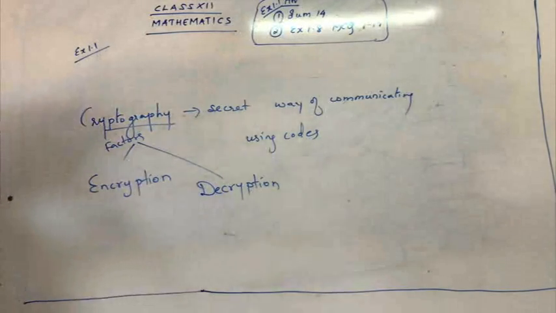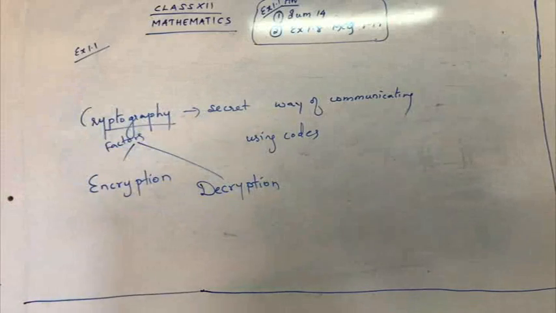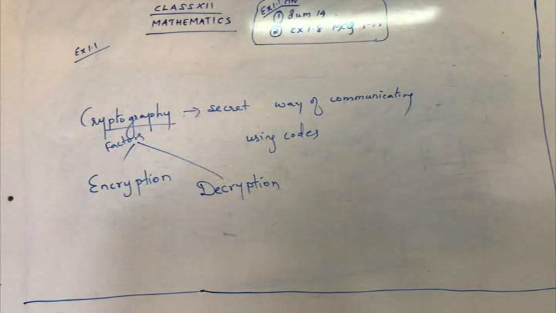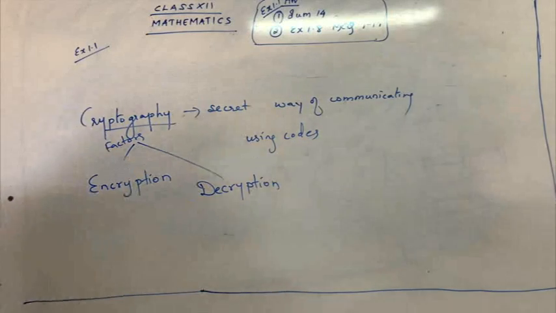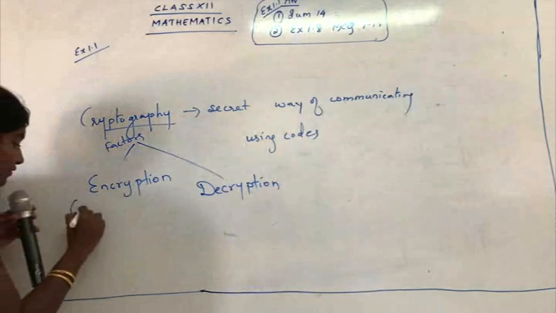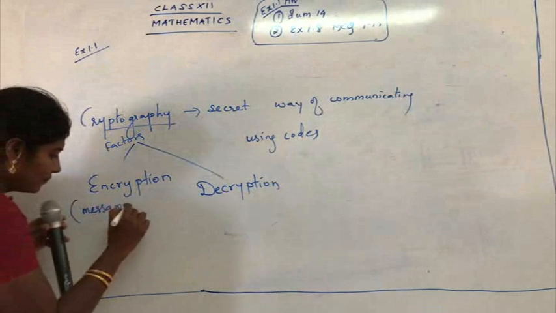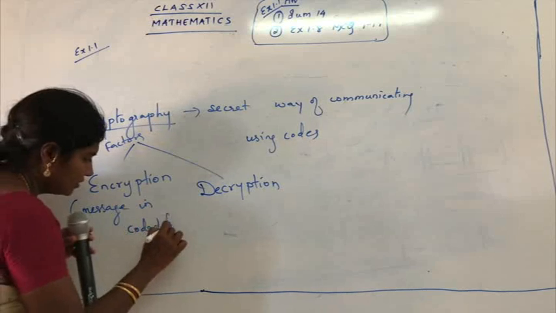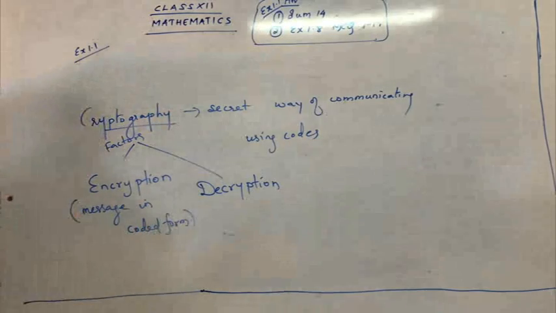Now see the fourth line, we have the definition for encryption over there. Encryption means the process of transformation of information into unreadable form. That is, the message will be in coded form. I will not know what the message is.